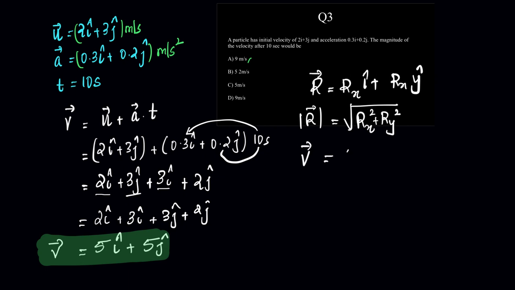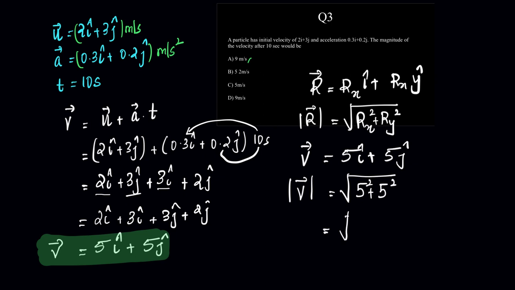Vector v is given as 5 i cap plus 5 j cap, which means the modulus of vector v would be equal to root of 5 square plus 5 square, which is equal to root of 2 into 5 square, which is equal to root 2 into root 5 square.